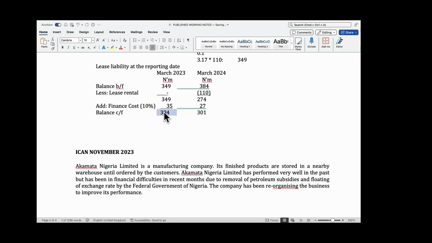this 384, how much of it is current? How much of it is non-current? Can anyone remember? To separate 2023 from 2024. We deduct. Okay, so that'll give you how much? Yeah, 23.